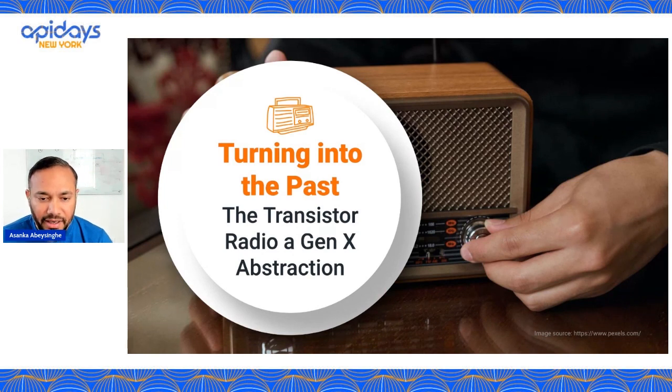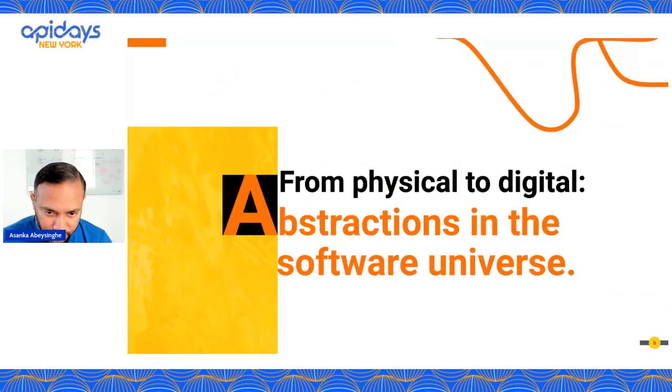The front end, or the interface that you use to tune the radio, abstracts that complexity you see behind the radio and makes it a very simple process for you to operate. That is the second example I would like to take.